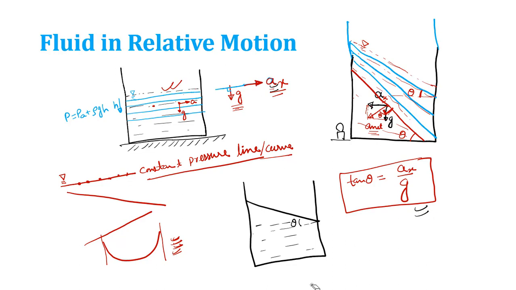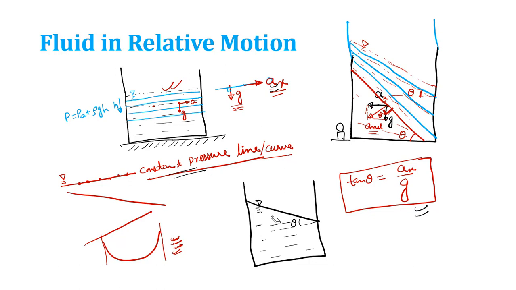Okay. Now I hope you understood this concept. It's very important. In case of any doubt, you can comment on this video section. So now we understood that if a horizontal acceleration is given, what will be the new profile of the free surface. And why will this be the free surface? Because here the pressure is constant, that is a constant pressure line.